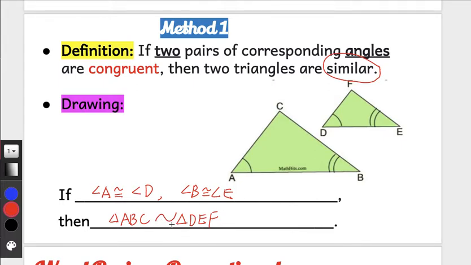We do not have the equal sign on the bottom. So that's what we said, 2 pairs of corresponding angles. That's one pair of angles, that's another pair of angles. So that's why we call this method AA. Just because we call it similarity in this chapter, in this unit, we call it AA similarity. So that's our first method.